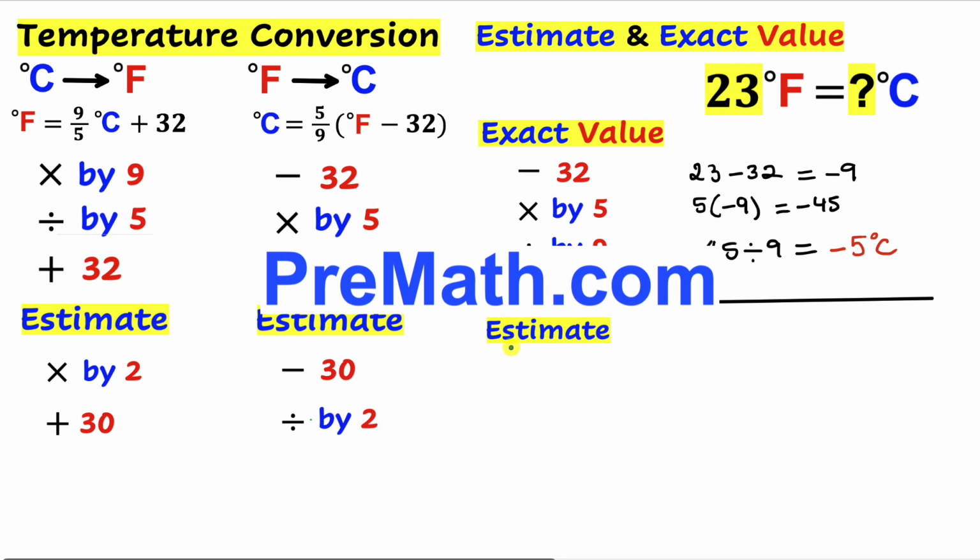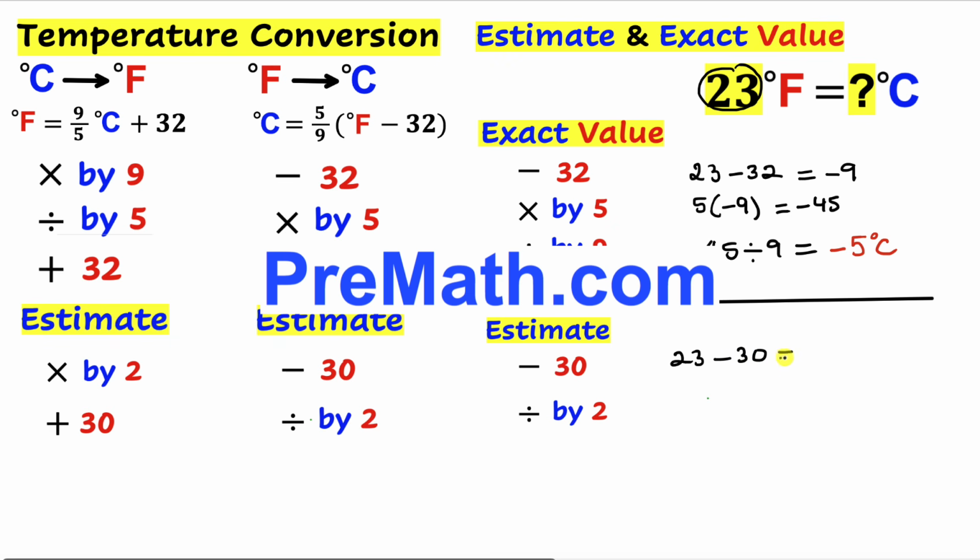And now we are going to calculate the estimate value of 23 degrees Fahrenheit as well. And here are the steps we are going to follow. We are going to subtract 30 first, and then we are going to divide it by 2. And here our 23 degrees Fahrenheit. So I'm going to write down 23 and I'm going to take away 30.